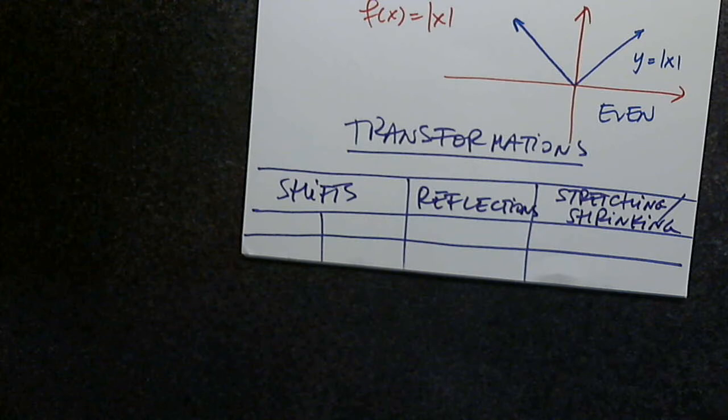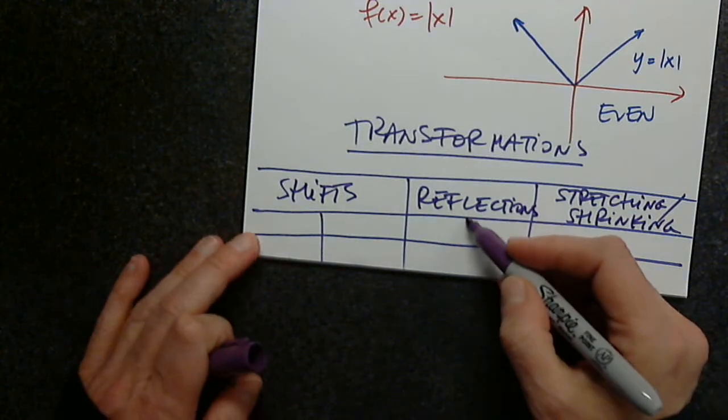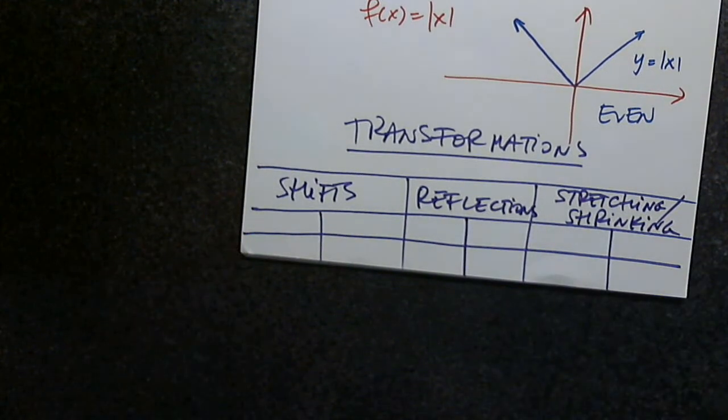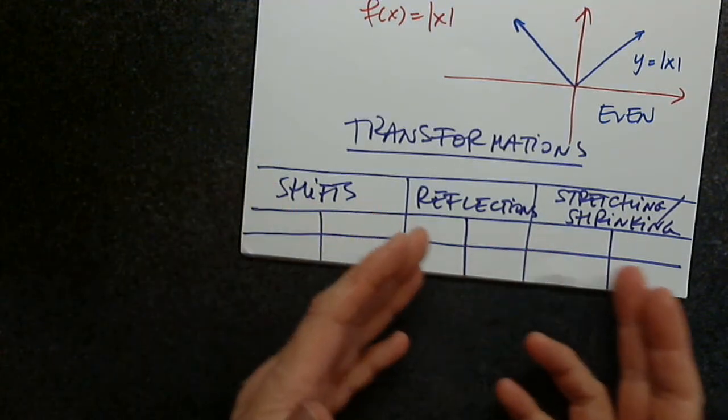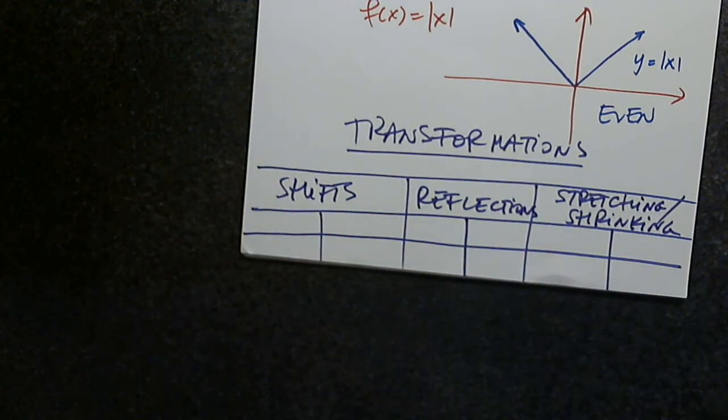So 3 categories and 2 subcategories in each. So shifts, reflections, stretching, or shrinking. That's okay.